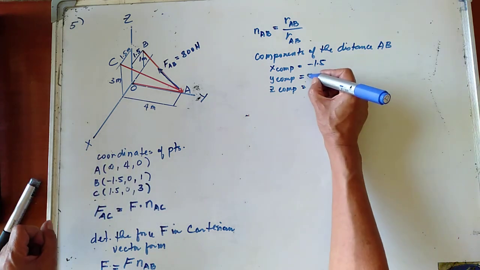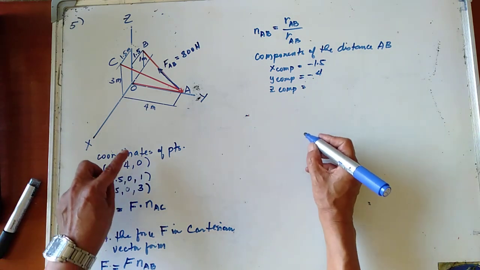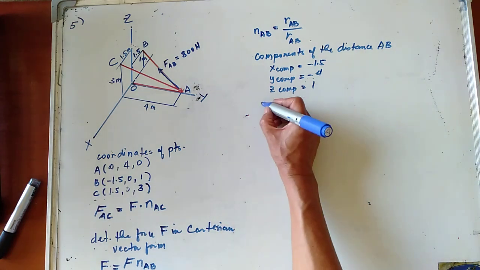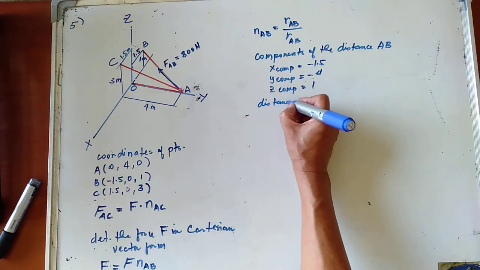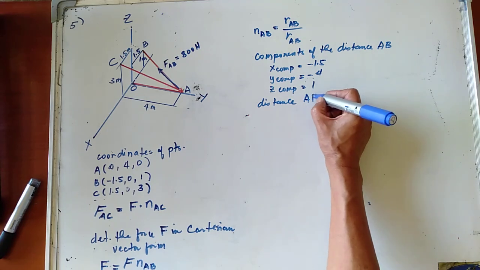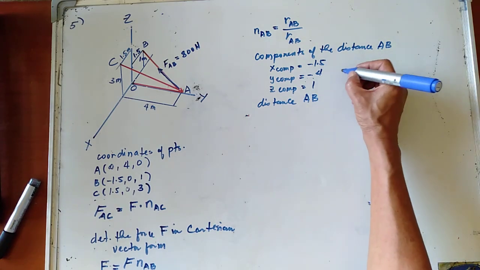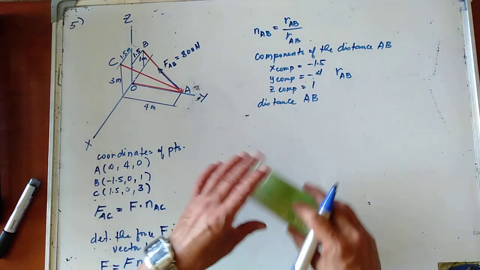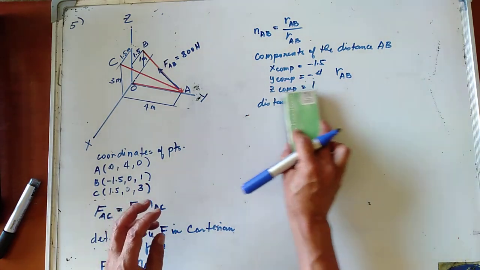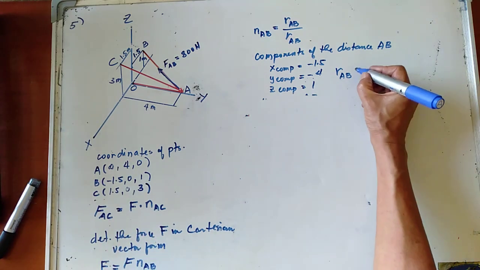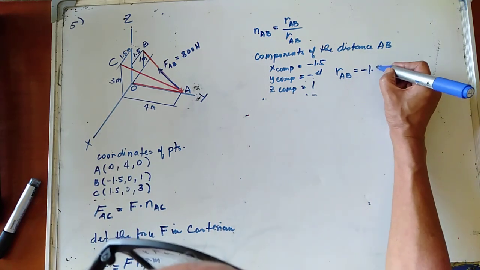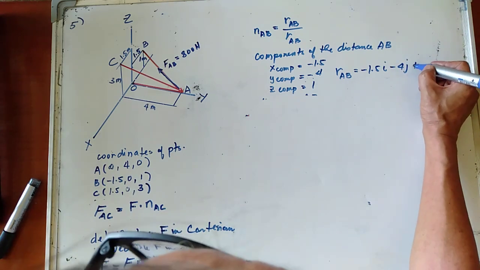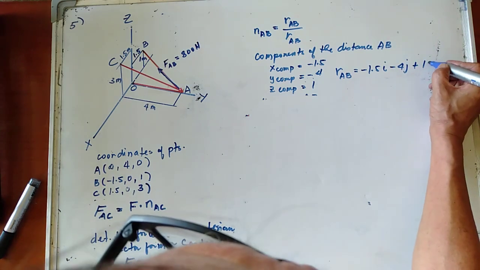Then 0 minus 4 is negative 4, and 1 minus 0 is 1. Hence we have r_AB equal to negative 1.5i minus 4j plus k.